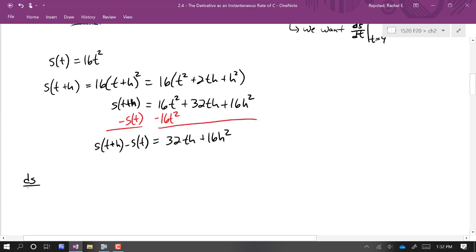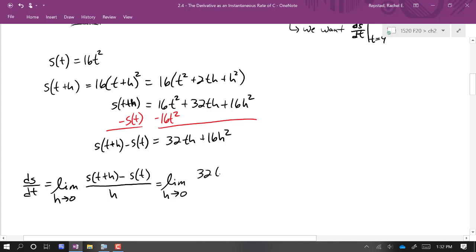So ds dt is the limit as h approaches 0 of s of t plus h minus s of t all over h. So up top we've got 32th plus 16h squared all over h.